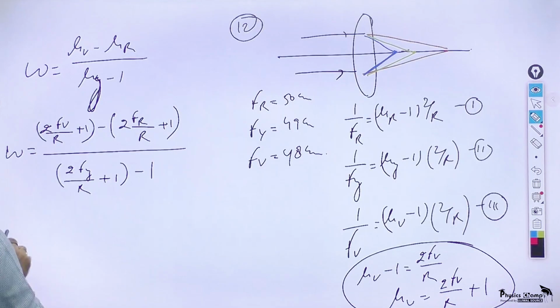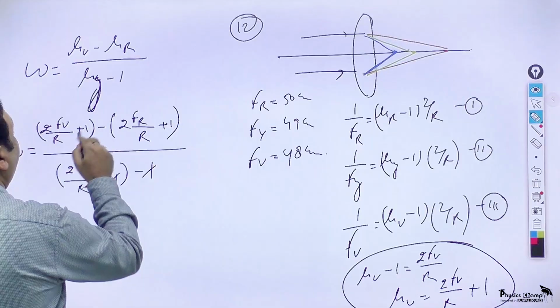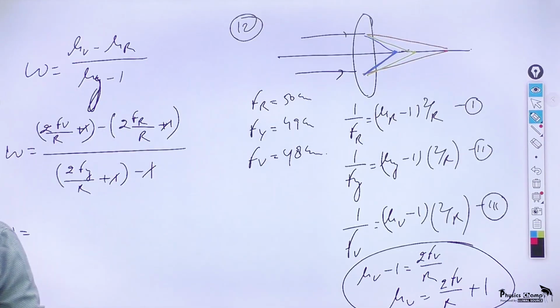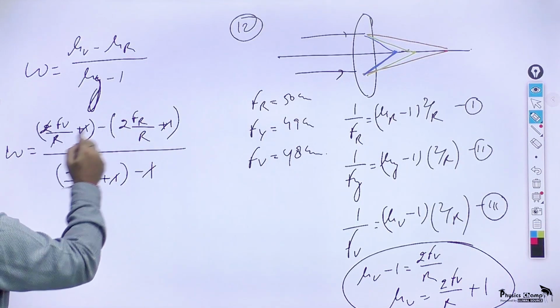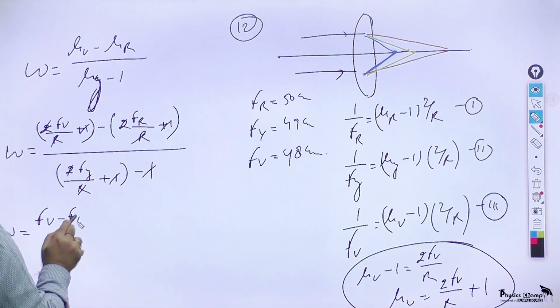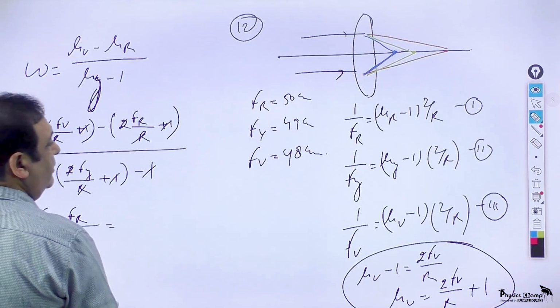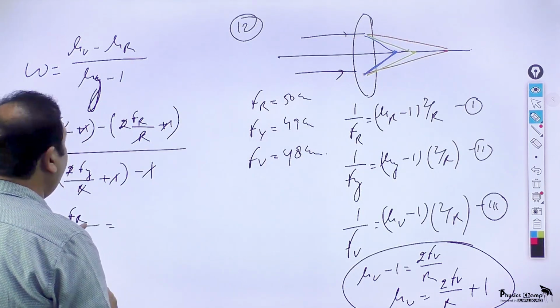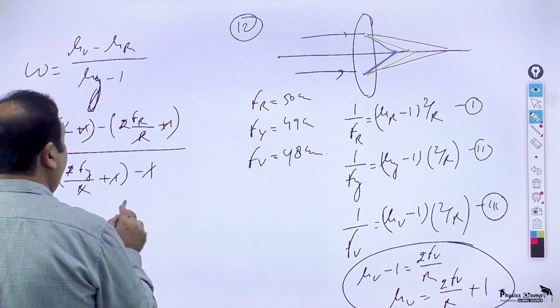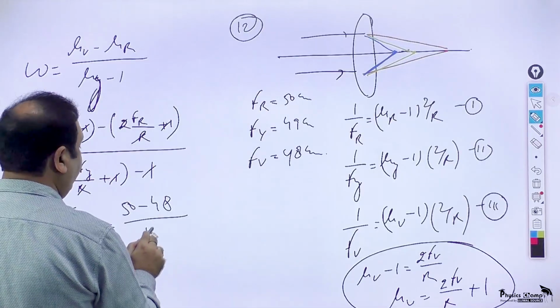So we are getting the dispersive power from here. This 1 will get cancelled here, this 1 will get cancelled here, and this 2 by r also gets cancelled. So (fv minus fr) by fy. So fv or fr, which is highest, 50 minus 48 divided by fy, 49.